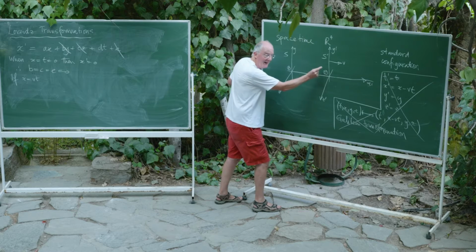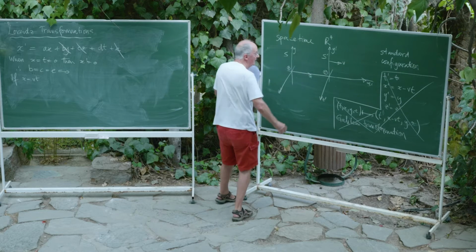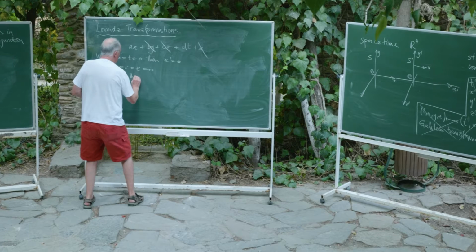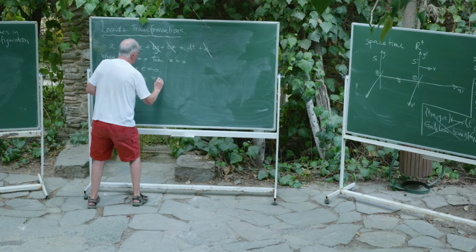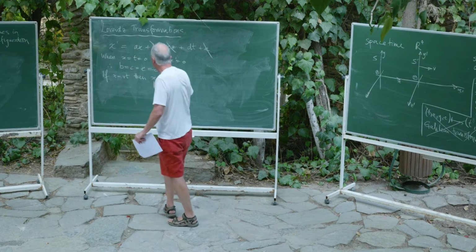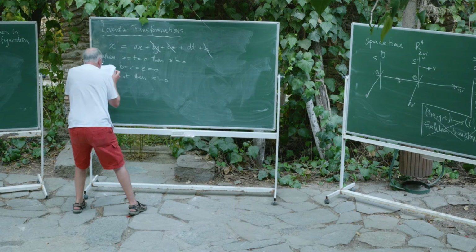This is the place where x is equal to vt. In other words, x dashed must be 0.